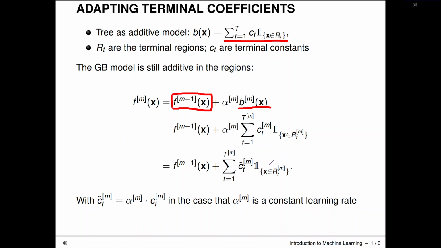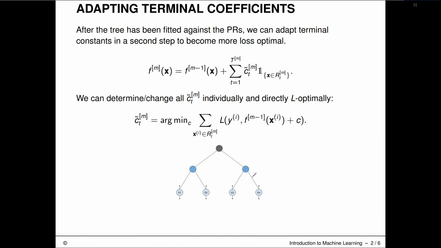So far so simple, and we did that also when we discussed the interaction depth of the gradient boosting model. You can now write this as an additive model across regions for the whole model. Now, one nice thing because of this additive structure is that you can do some kind of post-hoc, loss optimal adaptation of these height coefficients.